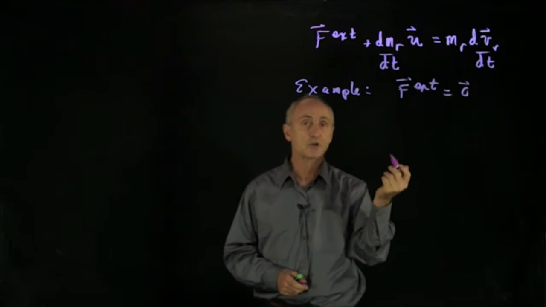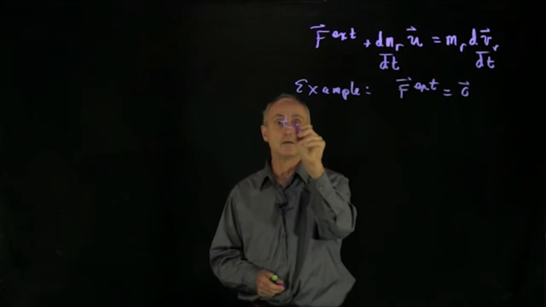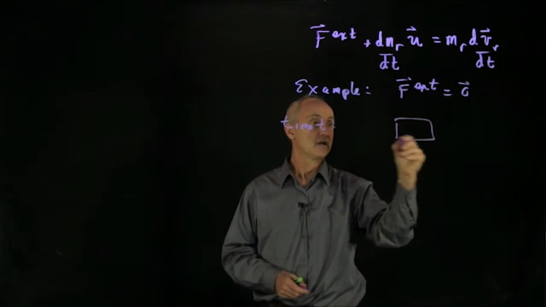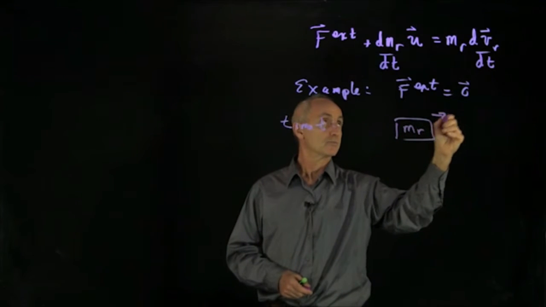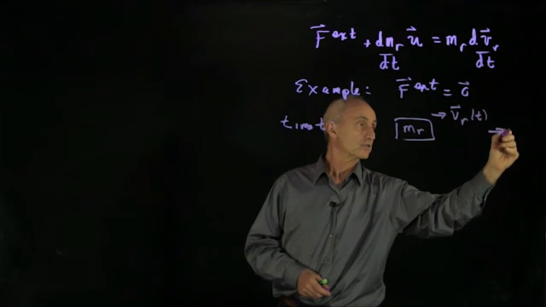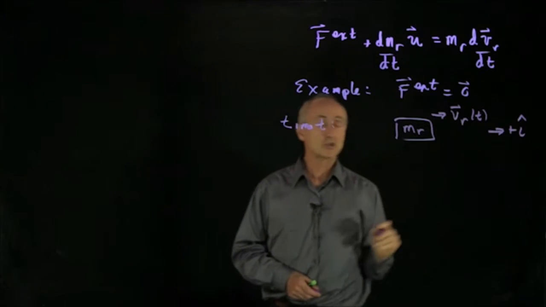Now, let's consider, we'll draw a picture at time t, just to remind ourselves. So we have mass of the rocket. It's moving with the velocity v_r(t). And we're going to call this our plus i hat direction.